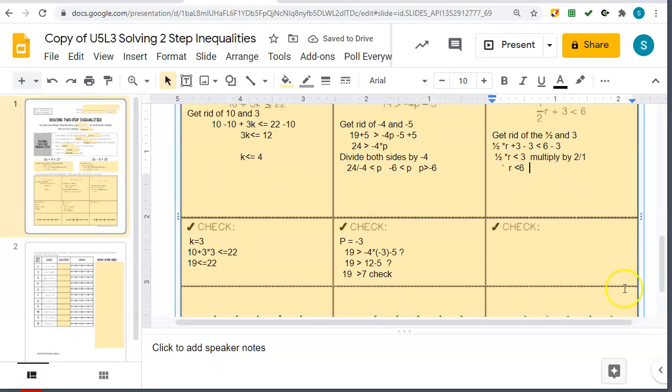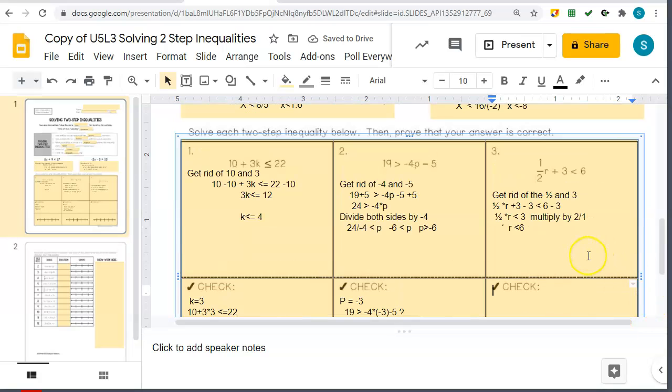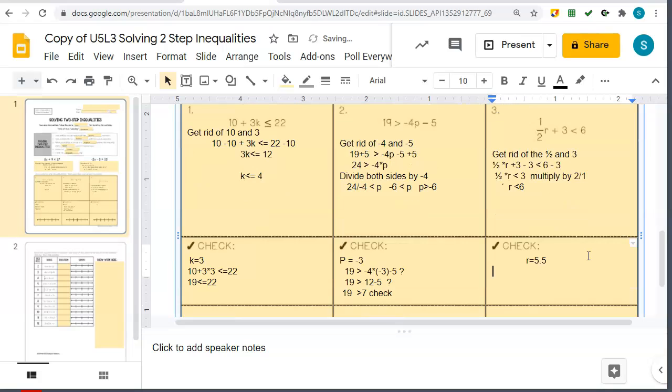Okay, so let's pick a number less than 6. Again, I generally think it'd be good to remember that there are numbers that are not the whole numbers, so thinking of like 5.5 or 5.7. In fact, let's do r is 5.5. So 5.5 times 1/2 is 2.75.